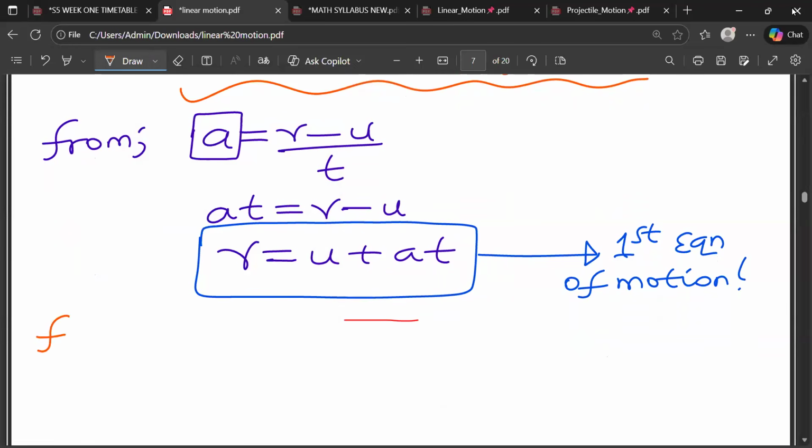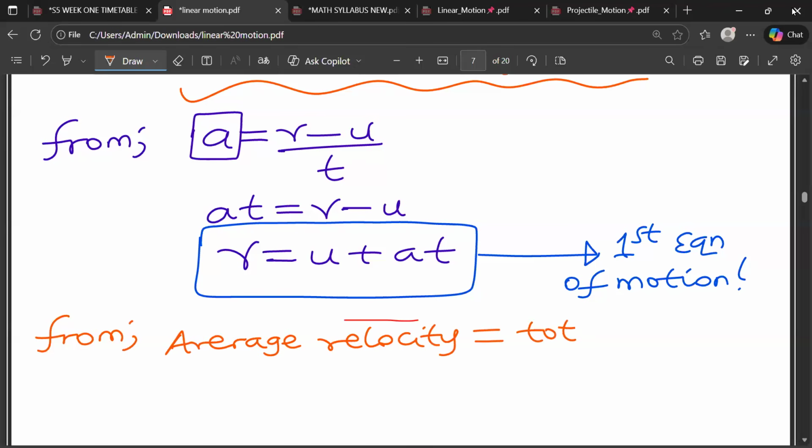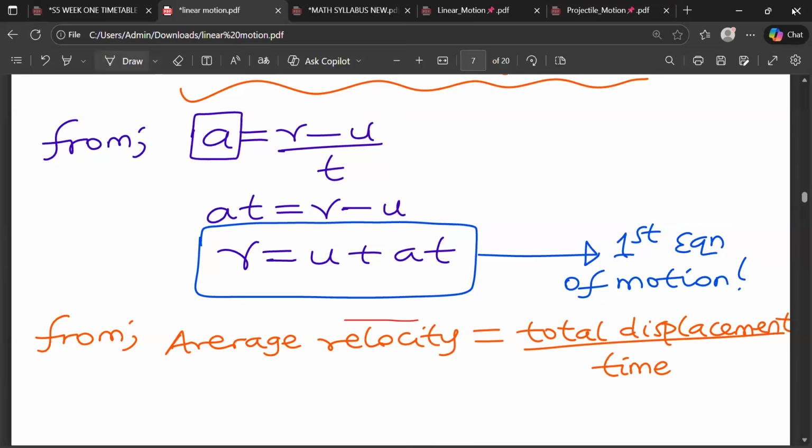Then from, we all know that average velocity is equal to total displacement over the total time taken. I want you to look here.